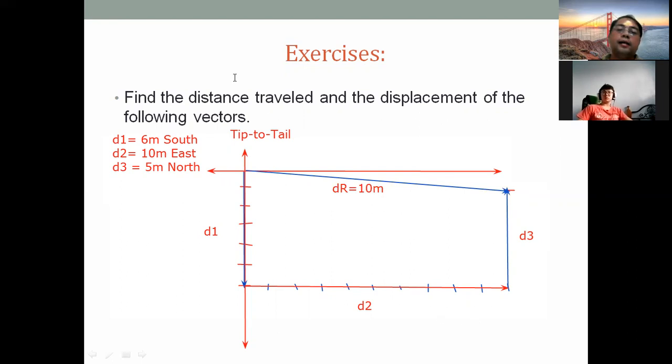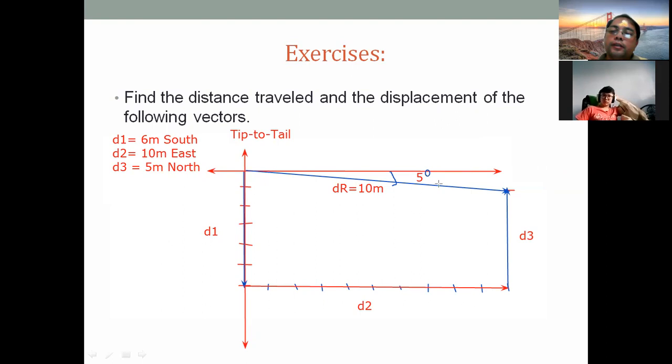Now, the angle, if you use your protractor and measure this angle here, will give you around 5 degrees from the horizontal line. So that's why we have 5 degrees south of east.